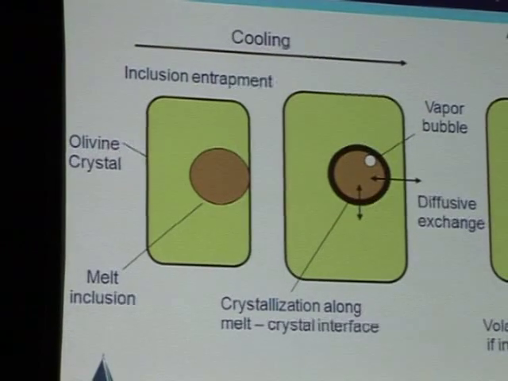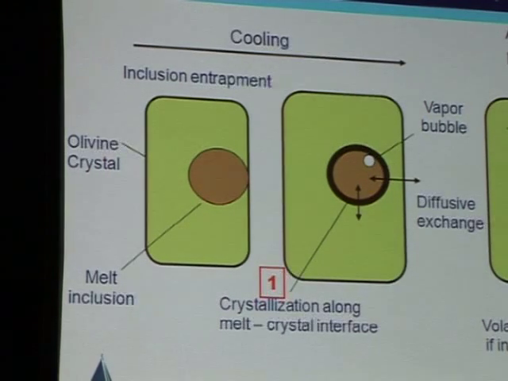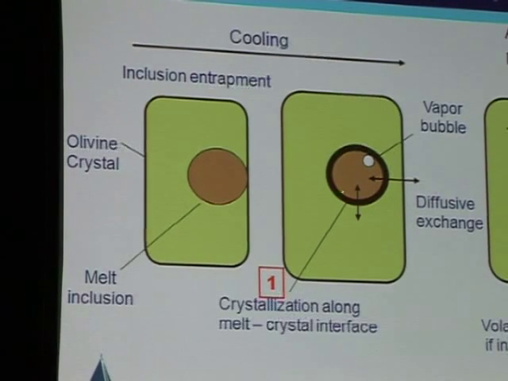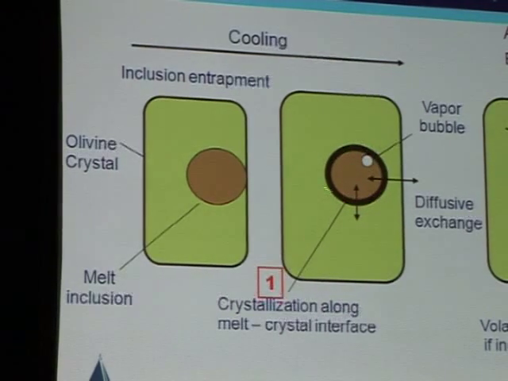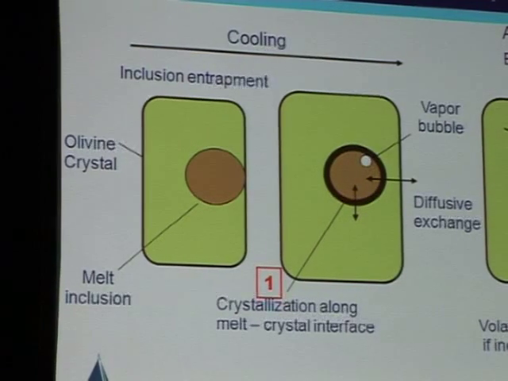But a number of processes take place that make our lives a little bit difficult, requiring that we go through a whole series of processes before we can make any sense of the measurements that we are making. So, for example, there can be crystallization along the walls of the melt inclusion against the substrate of the host mineral, as shown in this dark ring right here.